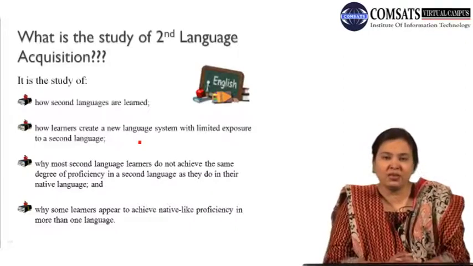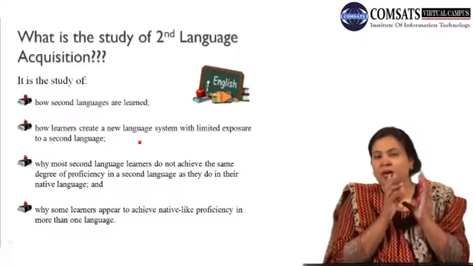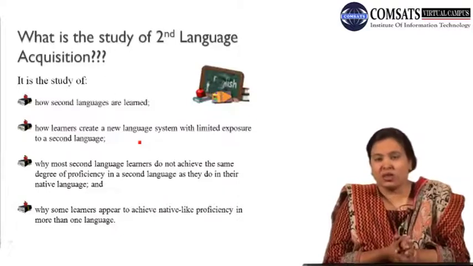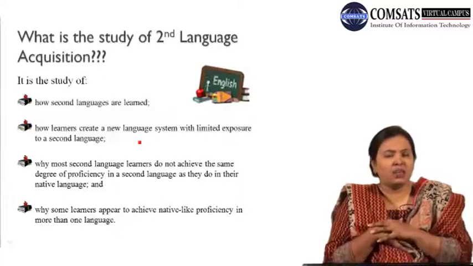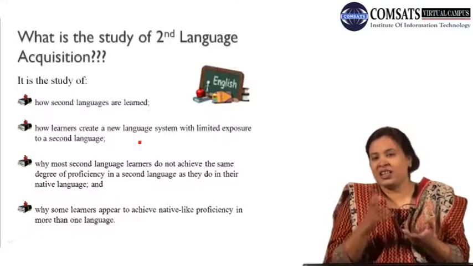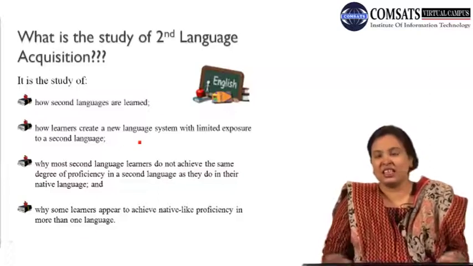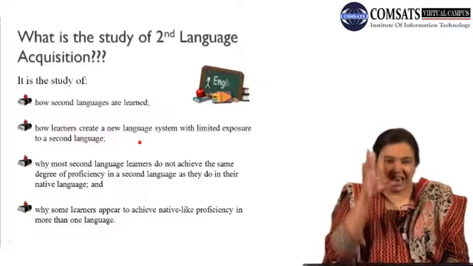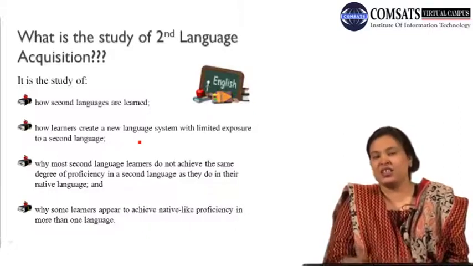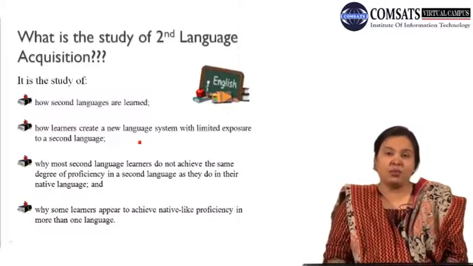How does this happen? Why are some people more proficient in English, this second language, and as much at ease communicating in it as in their first language? The study of all these factors is included when we study the second language acquisition process.